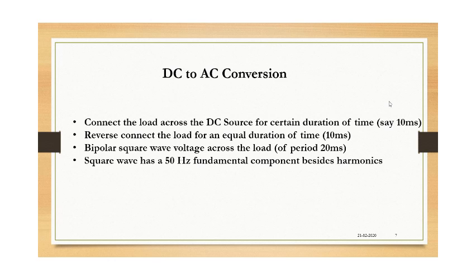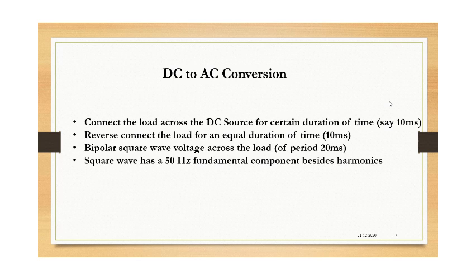By controlling the duty cycle, that is, the time duration for which the switches are kept on and off, the output is controlled, whether you are going for a step down or step up operation, right? The DC to DC converter is a basic operation in power electronics, so based on DC to DC conversion, all other converters can be understood clearly.